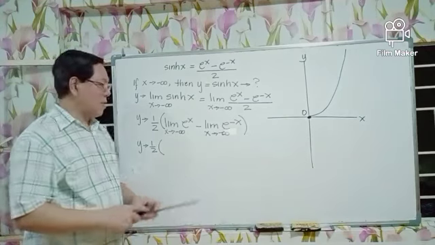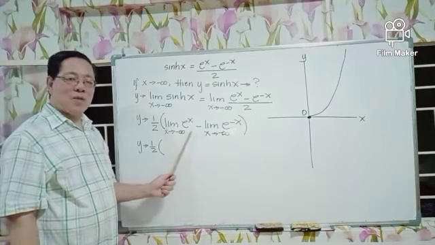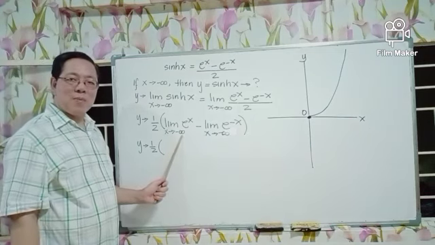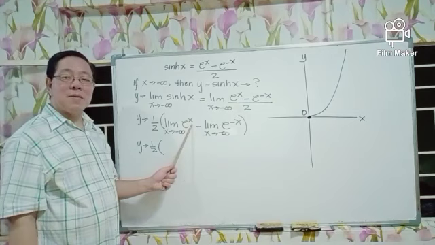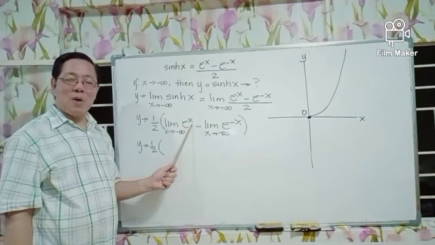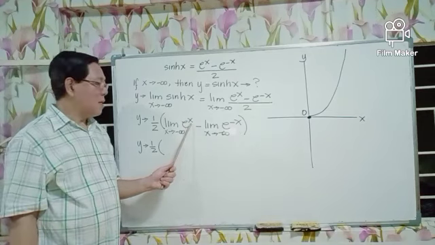Now we evaluate each of these limits. We start with the limit of e to the x as x approaches negative infinity. If x here is negative infinity, a very, very small real number, we apply a property of exponents.